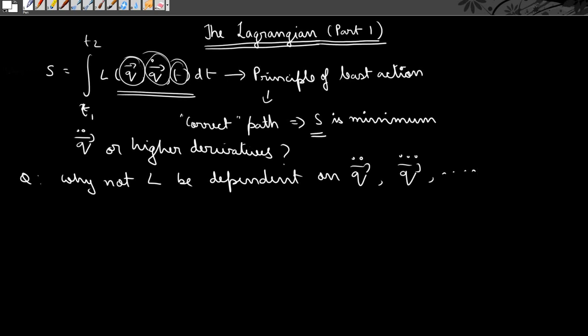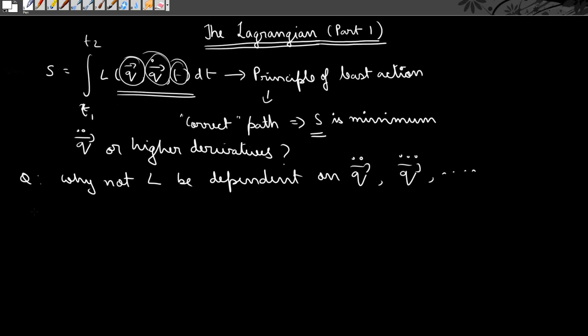What's so special about L being dependent only on the generalized coordinates, the generalized velocity and time? How do we answer this question? To answer it, we have to consider some examples.